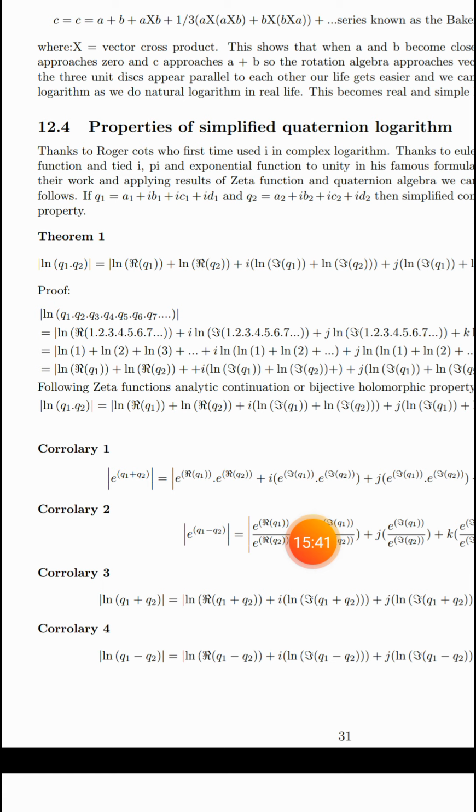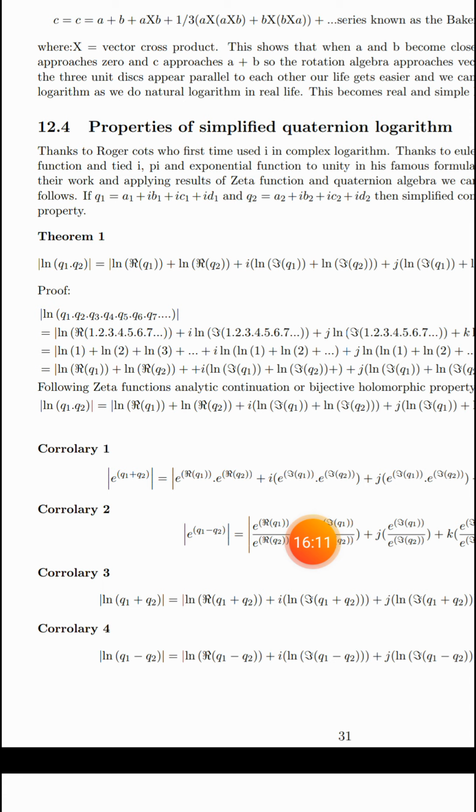If we take the real coefficients and add them up, we'll get another quaternion representation. The original product will be something else and this will be something else, but their modulus is going to be the same.